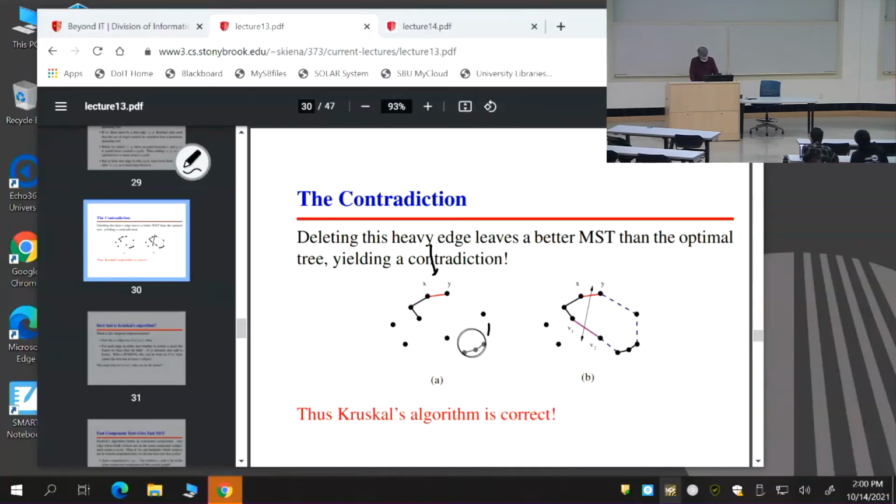All of those have to be at least as big as this, because Kruskal was adding them from smallest to biggest. Okay? Any questions? Okay? It's important to me that you know why Kruskal's algorithm is always correct. Any questions?